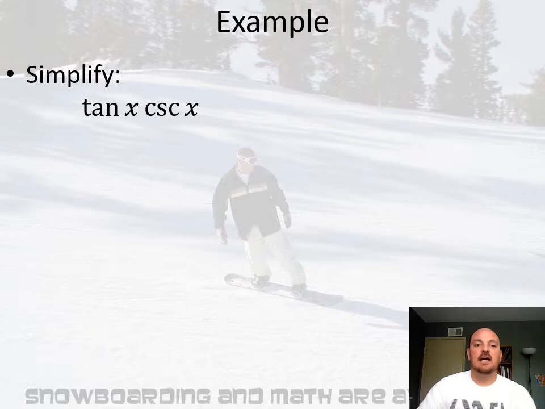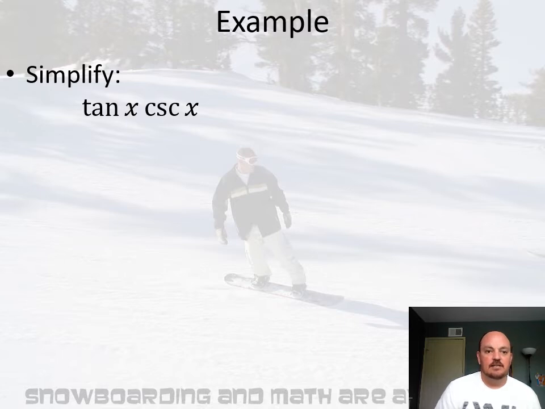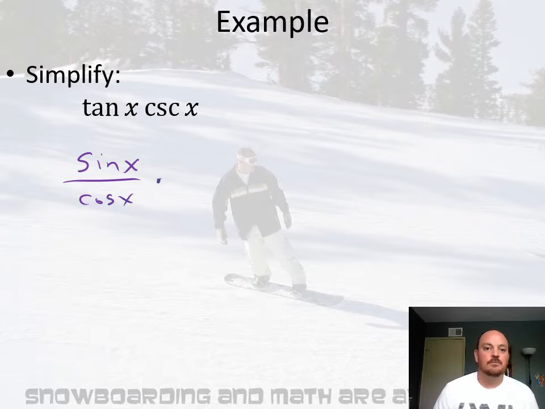So let's do that and see if there's any kind of relationship here. Let's take tangent x and write it as sine x over cosine x. And let's take our cosecant x and write it as 1 over sine x. There's two substitutions we can do.